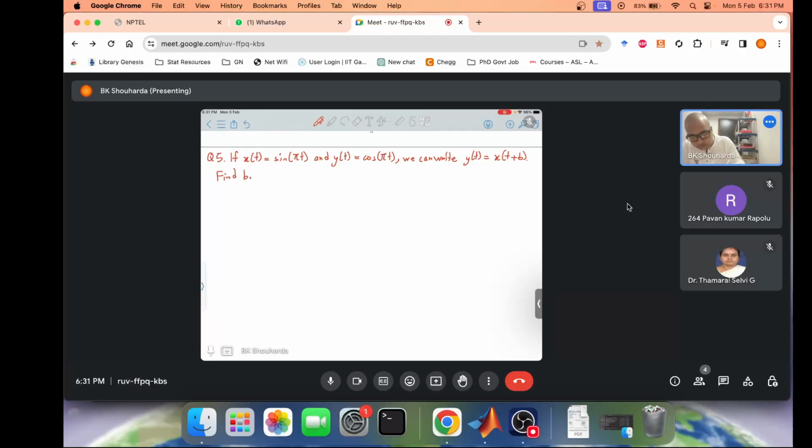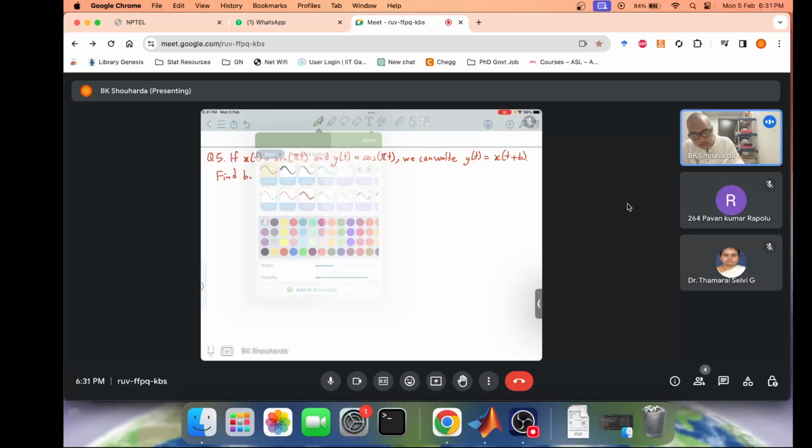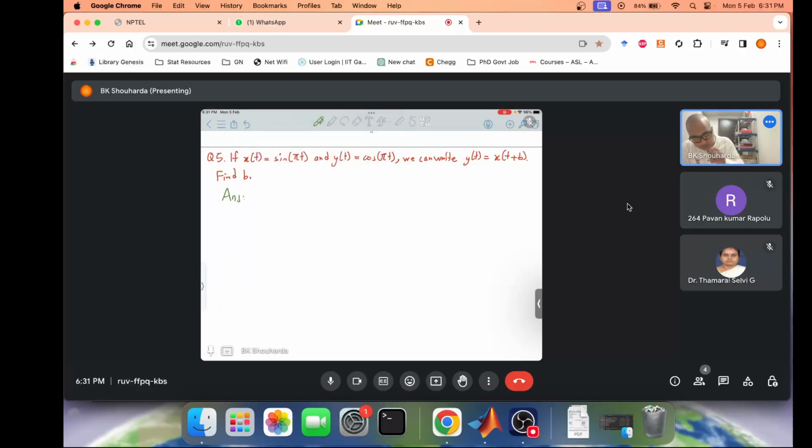Okay, so in such questions what we do, y of t, which is cosine of pi t, we have to write this as a shifted version of x. Now what are the properties that we know about cosine and sine?